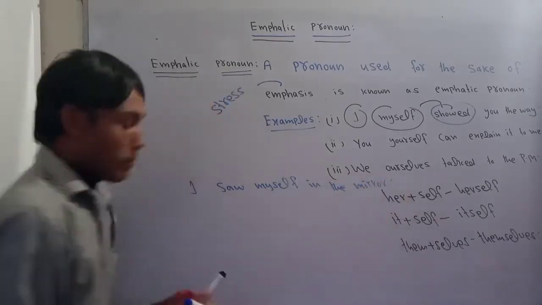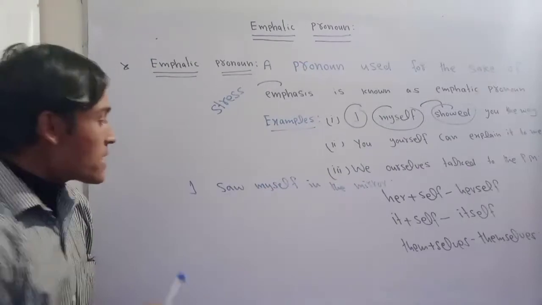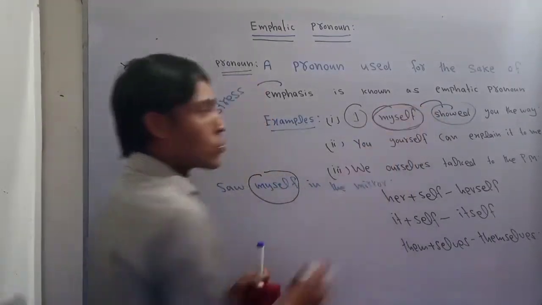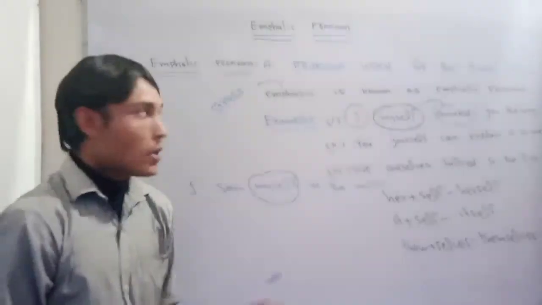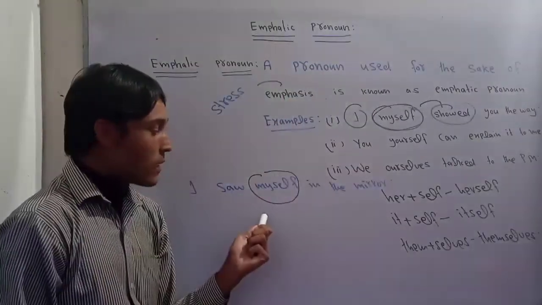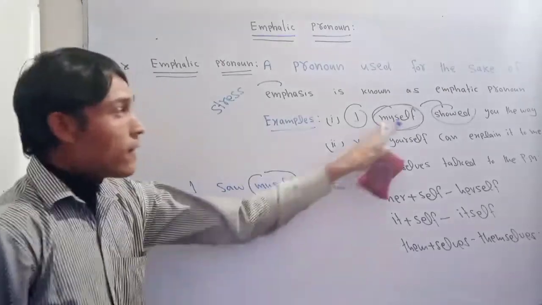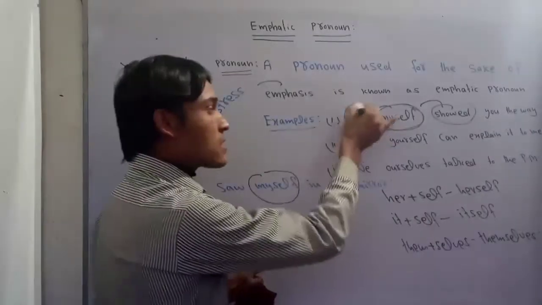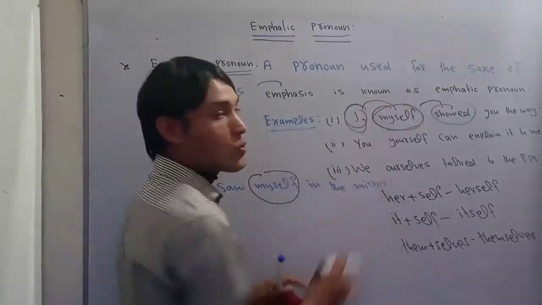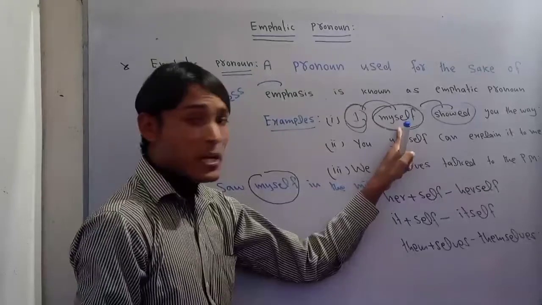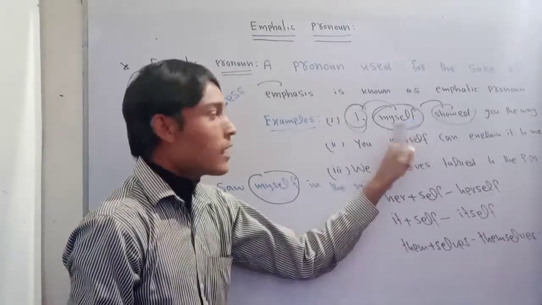Now if you look here, here is myself and here is also myself. So how will I differentiate between emphatic pronoun and reflexive pronoun? We should know that if myself comes after the subject, then it is used for emphasis. Emphasis means stress, and when it is used for emphasis, then we call it emphatic pronoun.